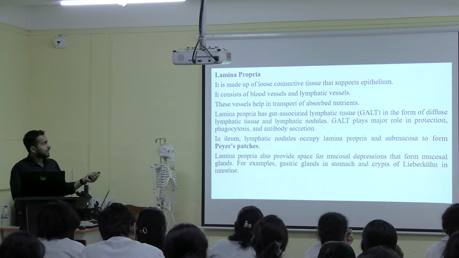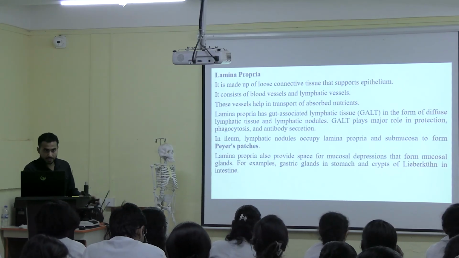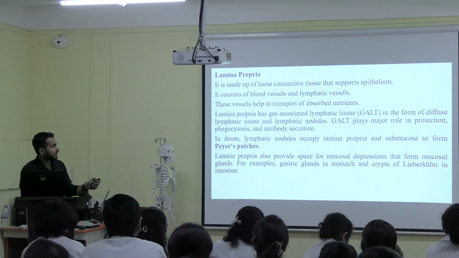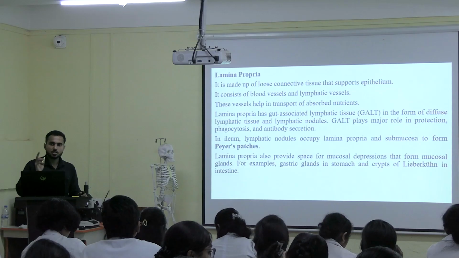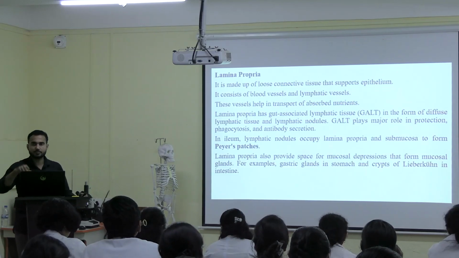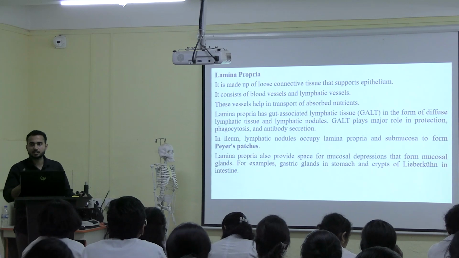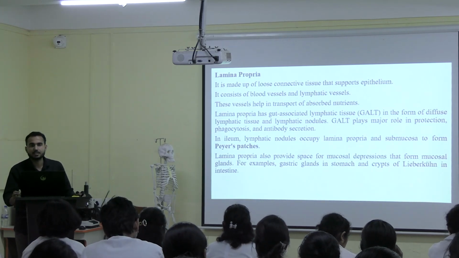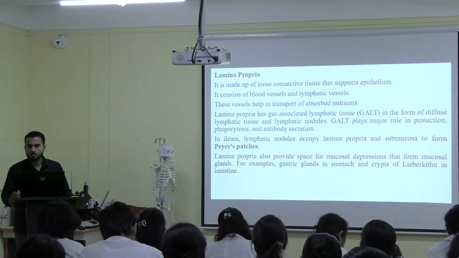The lamina propria, as you know, is a loose connective tissue. If loose connective tissue is there, that means we will be getting blood vessels, lymphatics, etc. Now, in the small intestine, in the villi, a centrally placed lymphatic channel is there, called the lacteal, which helps in the absorption mainly of the fat part of the meal which we are having.